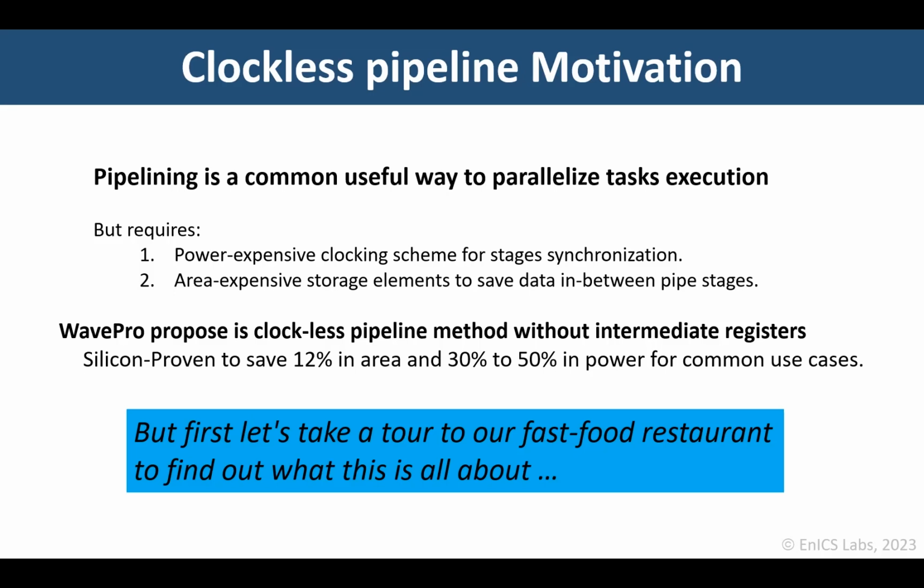So we are suggesting a method where we can essentially remove the clock infrastructure from much of the design, save up to 50% in power, and on the way also save 12% in area.